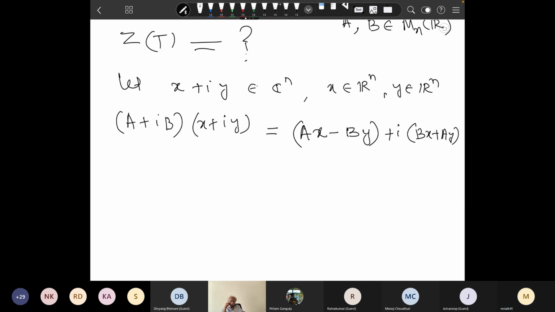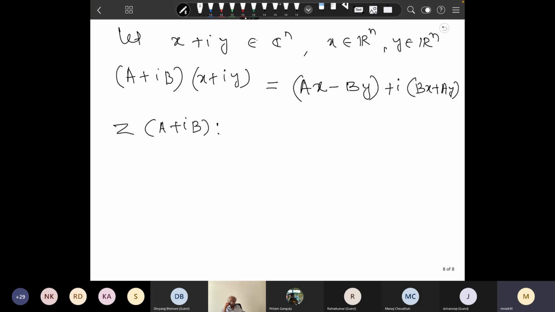So Z of A plus iB, if you remember the identification of C^n with R^2n, will send (x, y) to (Ax minus By, Bx plus Ay).